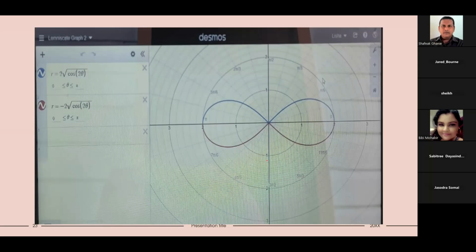If you were to do another one, it would fall in the other direction, perhaps the vertical axis. It would have been r squared equal to minus a cos 2 theta. But you should have the idea that you only have to manipulate the negative or the positive and put it in the calculator, Desmos, and this will be the outcome.